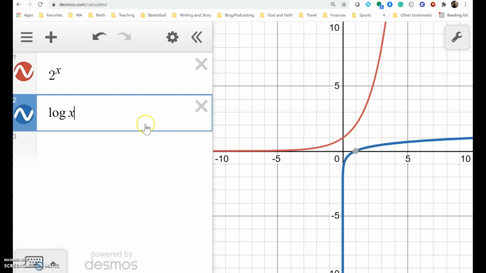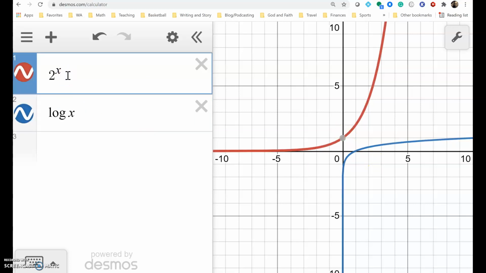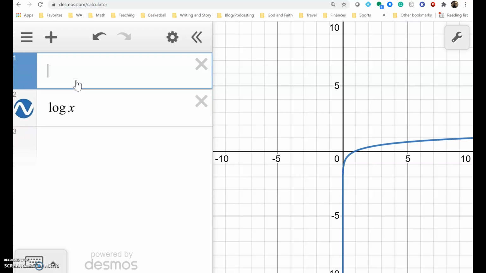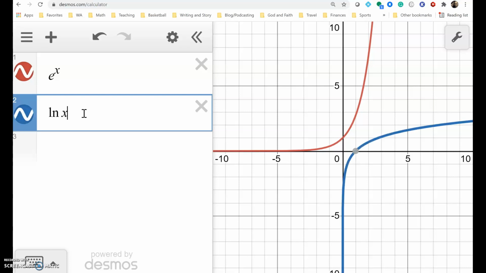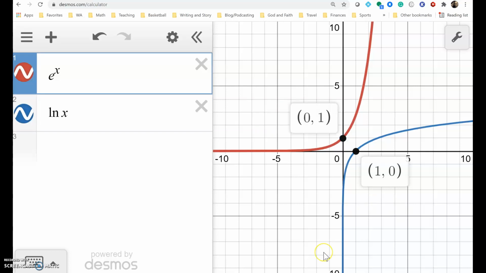I just want to remind you, I know this isn't perfect. Well, I know how to make it perfect, but my time's running out. Yeah, let's do it. e to the x and natural log of x. Just a reminder that these are inverses and that you can switch up their x and y's. That's your final hint. Just trust me. That's going to come in handy.